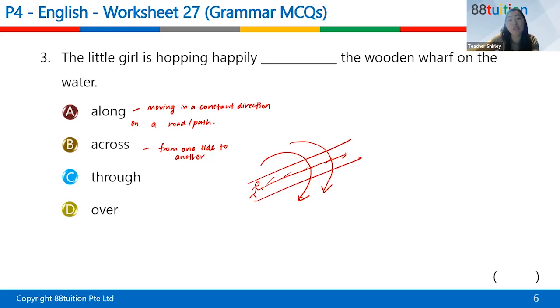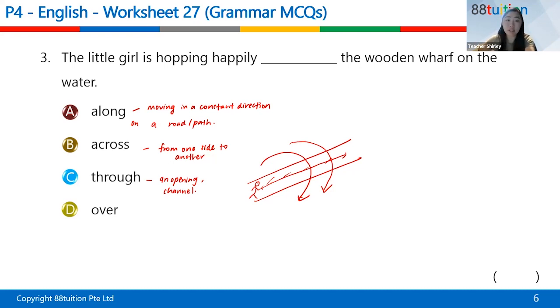And of course, through is usually referring to tunnels when you're going through a hollow path. It's usually also from one side to another, but it's usually through an opening or a channel or a tunnel, basically. From one side, there's a hollow opening, and then you go through. And over, of course, is somewhat similar to across.